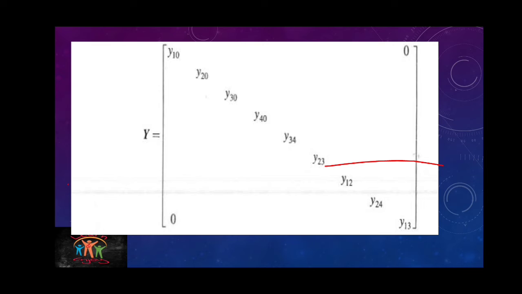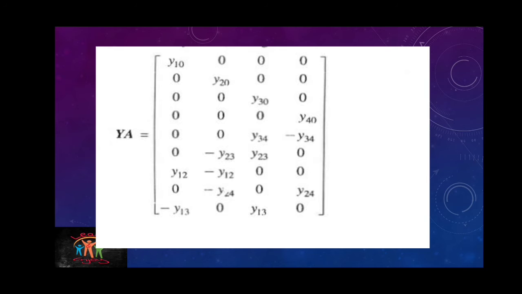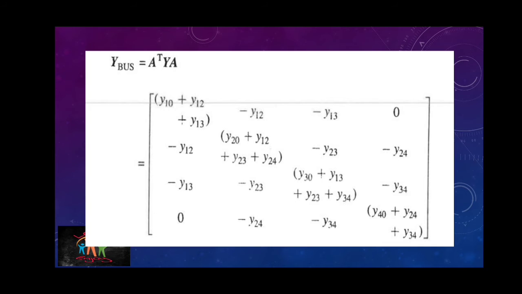Y bus is y into A transpose. So now we are going to take the transpose of the A matrix and then multiply this matrix with A transpose.